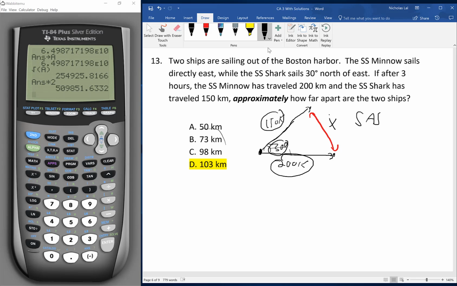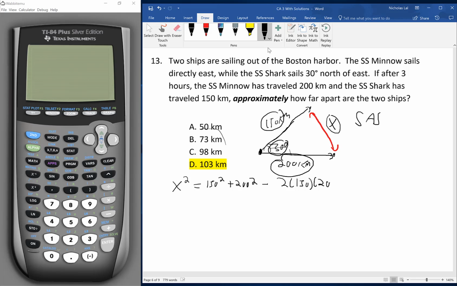Using the law of cosines, remember x is the side opposite of 30. 200 and 150 kilometers. These are the sides not opposite of 30. So we can say x squared is equal to 150 squared plus 200 squared minus 2 times 150 times 200 times the cosine of 30 degrees.